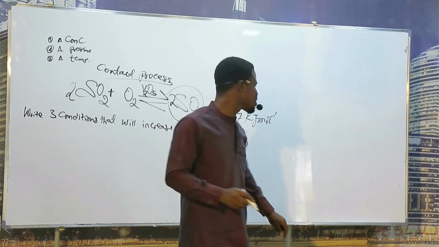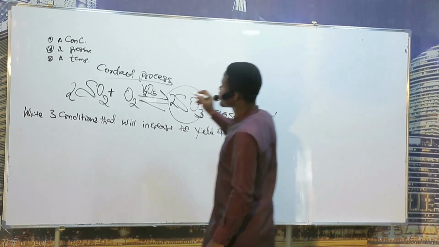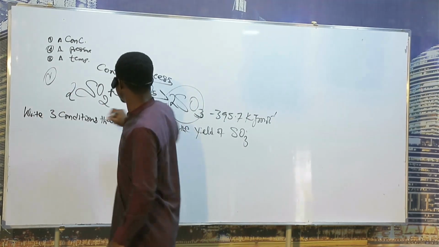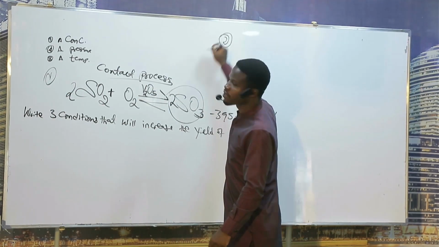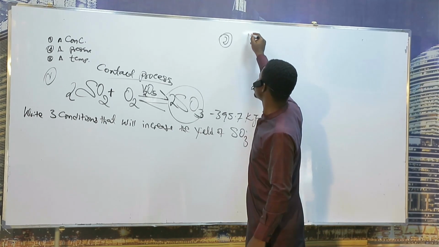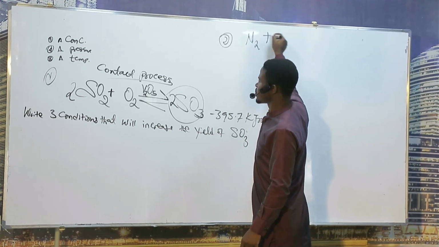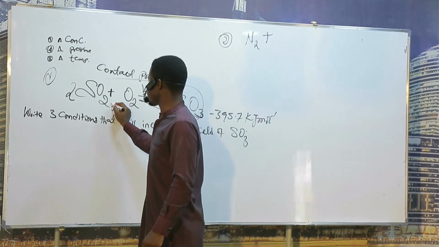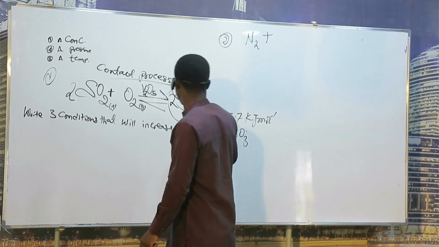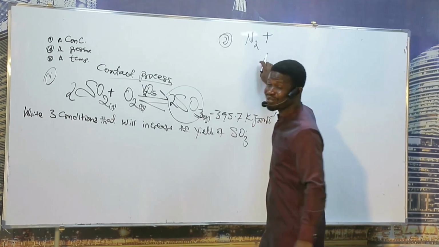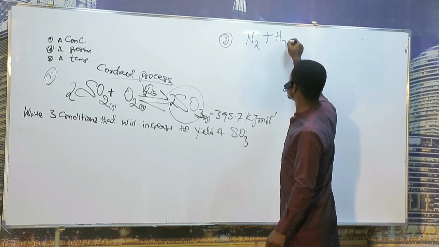Then I have another process. This is number 1, and this is number 2. In this process, I have nitrogen plus hydrogen. Remember, we should indicate the state. This is gas, this is gas.